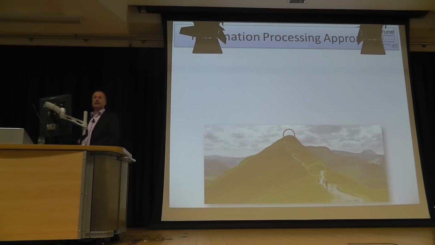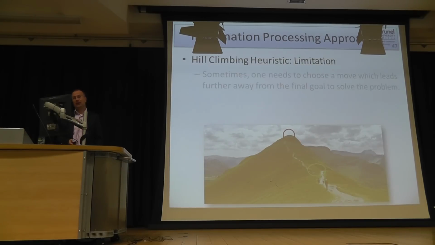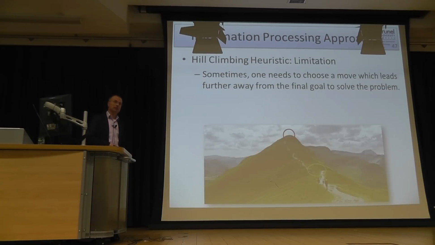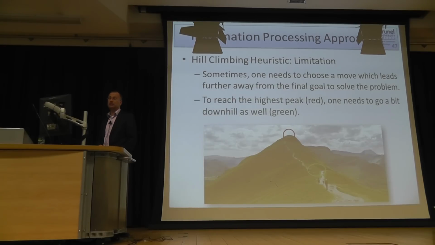However, there's an inherent limitation in that. Sometimes we have to make moves which lead us further away, at least temporarily, from our goal to solve the problem. It's not very easy to see here with the lighting, I guess, but even if you want to reach the peak, there are periods where you have to walk a little bit downhill to reach it.